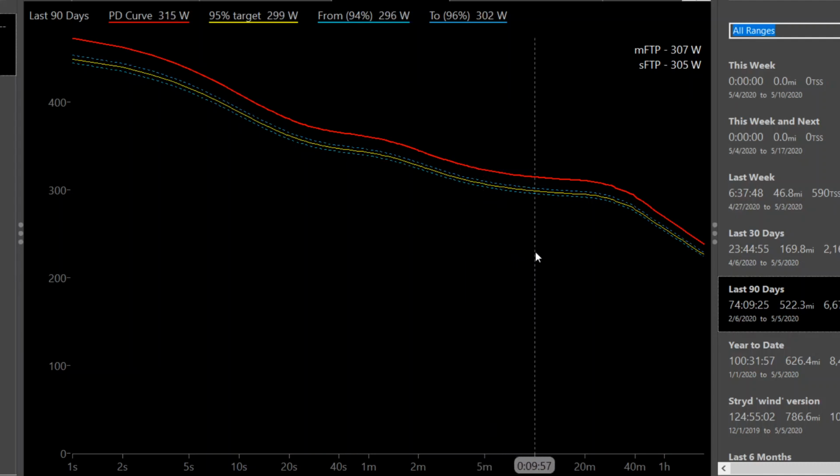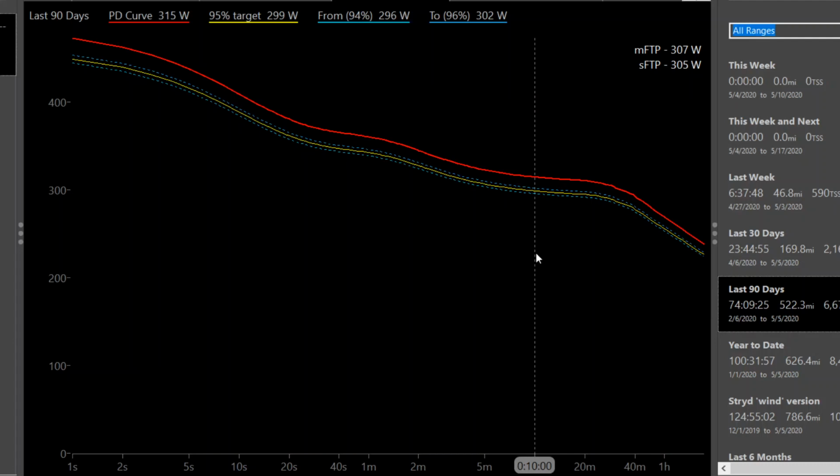If you're doing 10-minute intervals, you're going to take 95% of the modeled power. So in this case, again, you look at that legend, 315 watts is the modeled number for 10 minutes. 95% of that, the target is 299 watts. And the range is from 296 to 302.